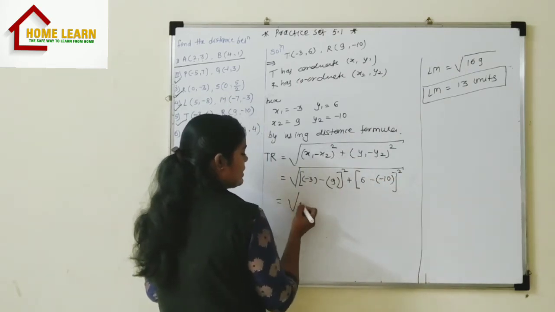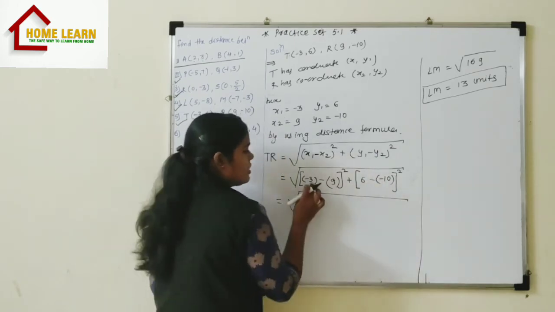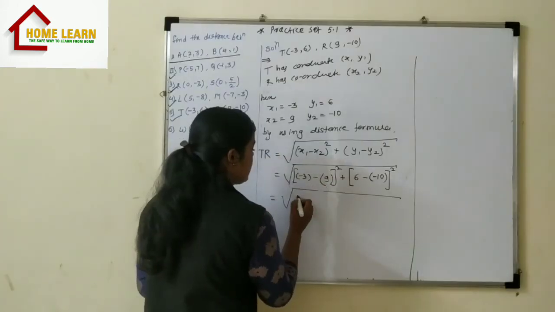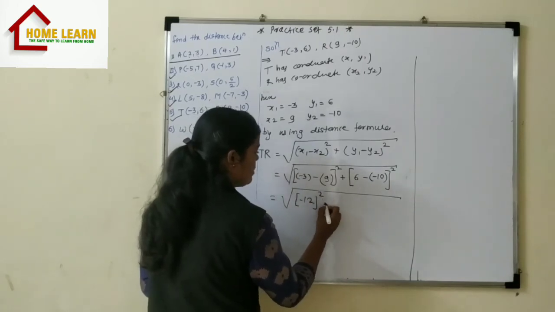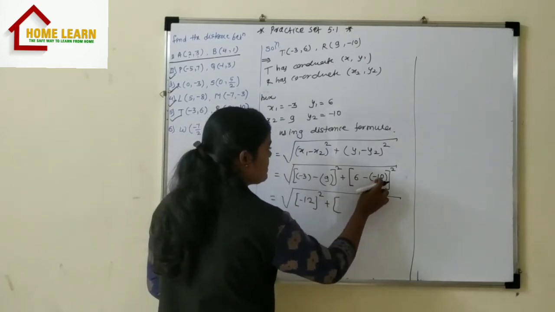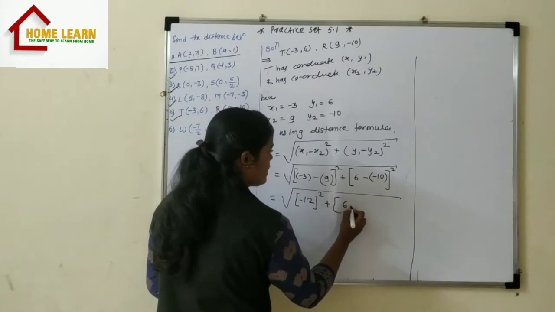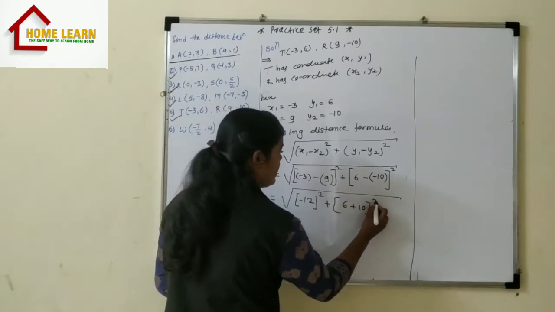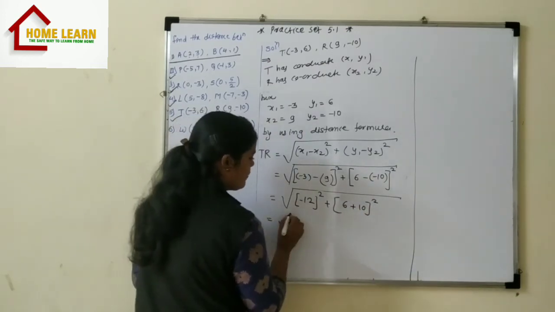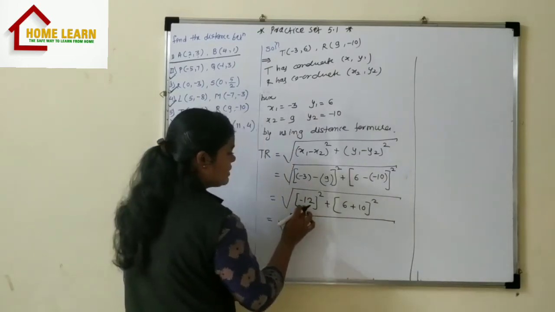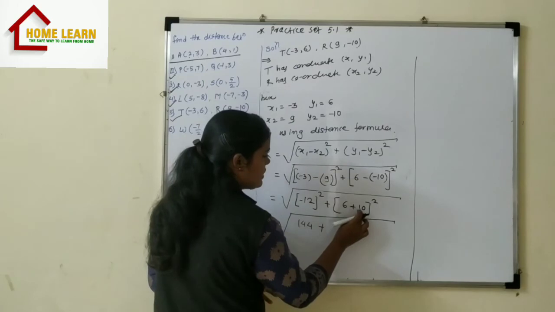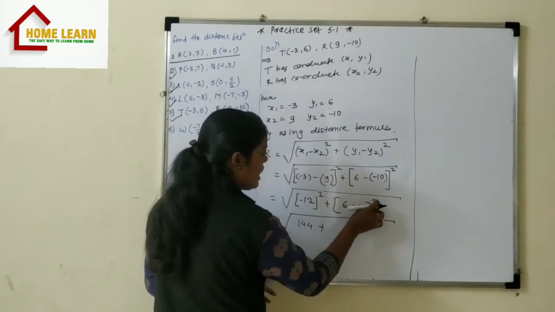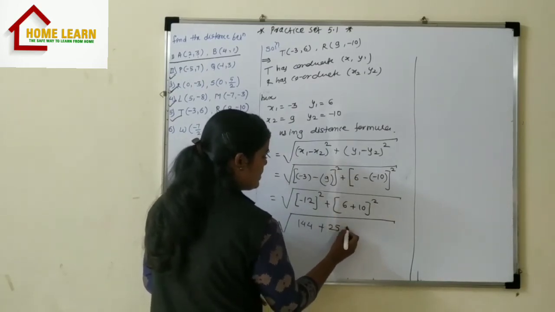Let's solve these brackets. -3 minus 9 is -12, squared, plus here minus becomes plus, that is (6 + 10) squared. Now after solving these brackets, -12 squared is 144 and 16 squared is 256.